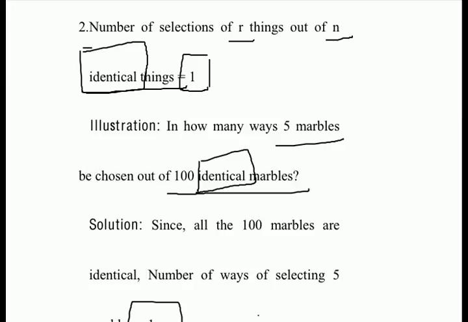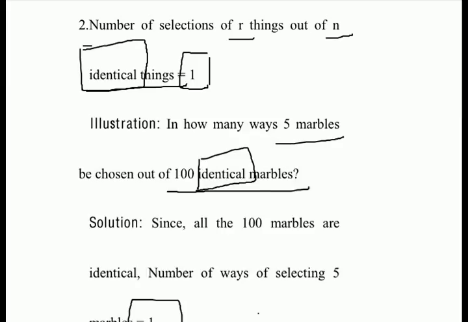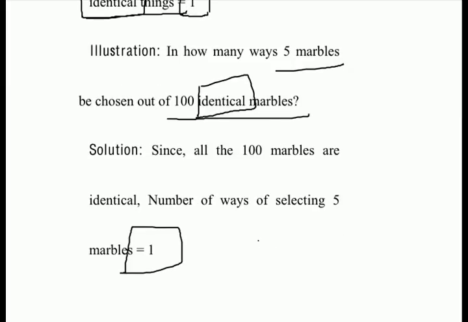The second one takes out 5 marbles, the third one and fourth one and the fifth one, and so on. Because all the marbles are identical, the 5 marbles for each of those 5 persons is going to be exactly the same. There's only one way that you can take out 5 marbles from 100 identical marbles. So that is the key concept here, and it's important to understand that.